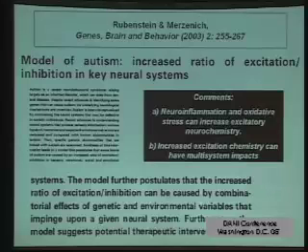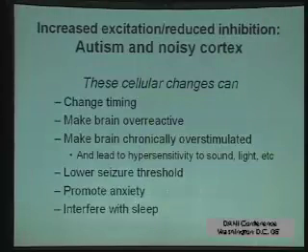What I want to say here is the part that I highlighted, which is one of the smartest sentences in the mainstream autism literature: this increase in excitation-inhibition ratio can be caused by combinatorial effects of multiple genetic and environmental variables that impinge on a different system, and it suggests therapy. So I'm going to show you that in the next couple of slides.